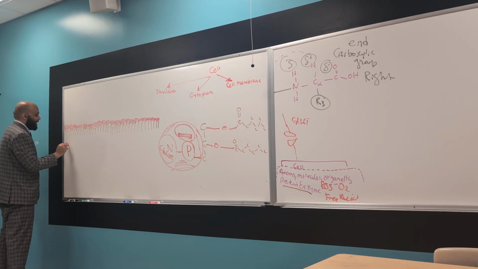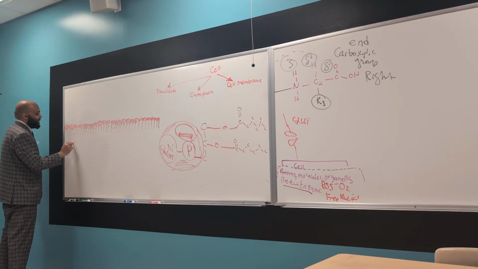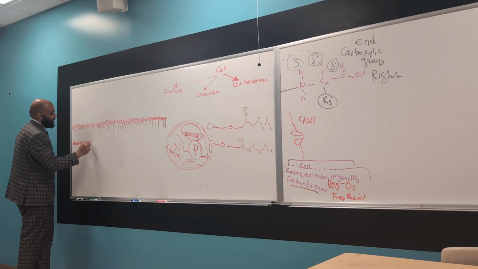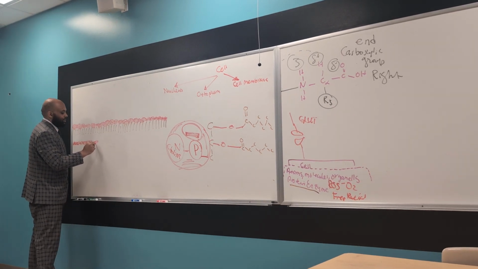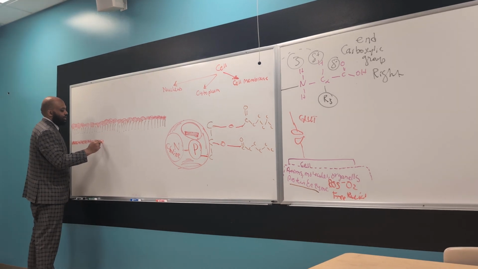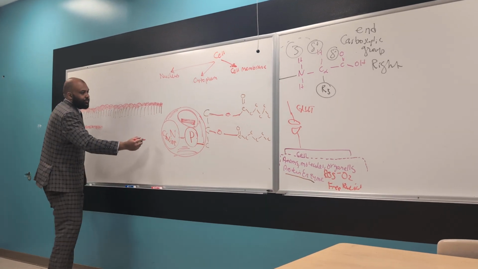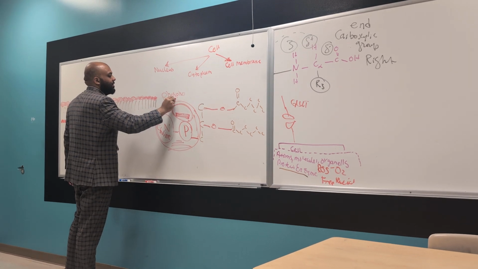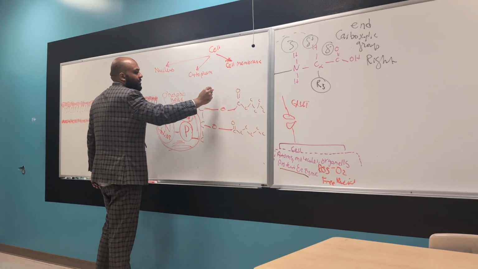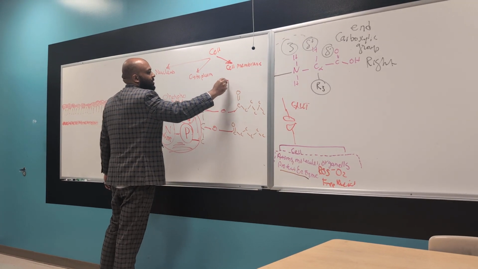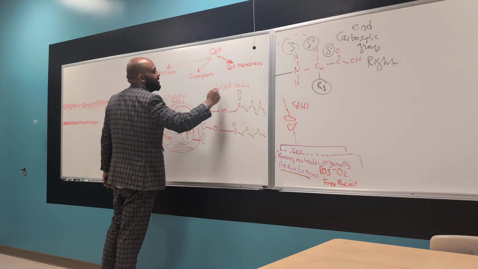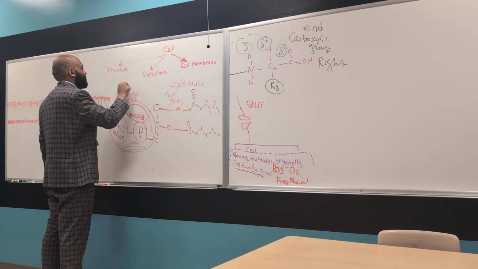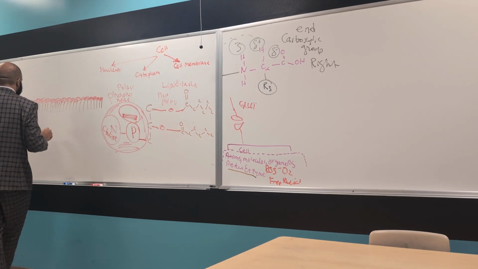The membrane is a phospholipid bilayer. You see that group is the phosphate, that's the phospho head, and these are the lipid tails. These are non-polar, and that is polar.